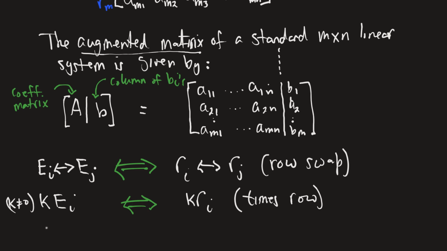So the third operation is when you take a constant times row I, well, I'm still saying row, but equation I, and add that to equation j, and then that becomes the new equation j. And remember, the convention is this row is the row or equation that's being updated. So when I translate that, it will look like this. So this will be k times row I plus row j.